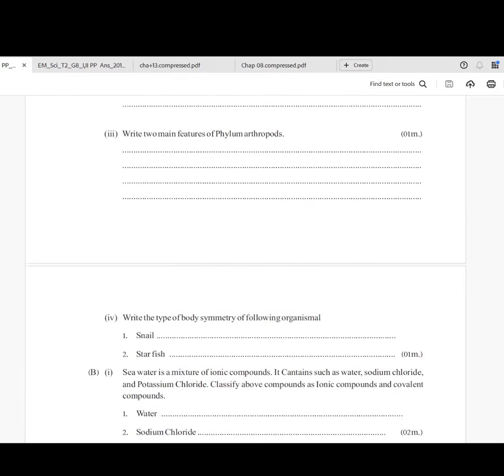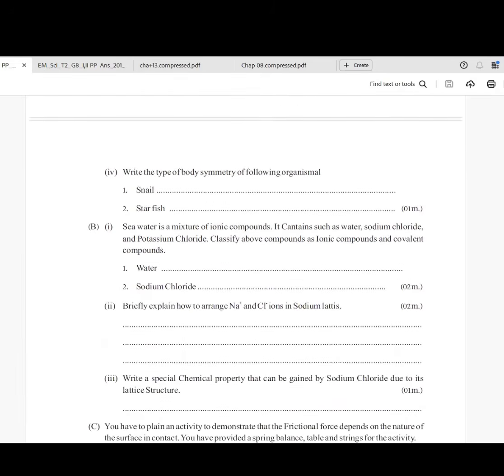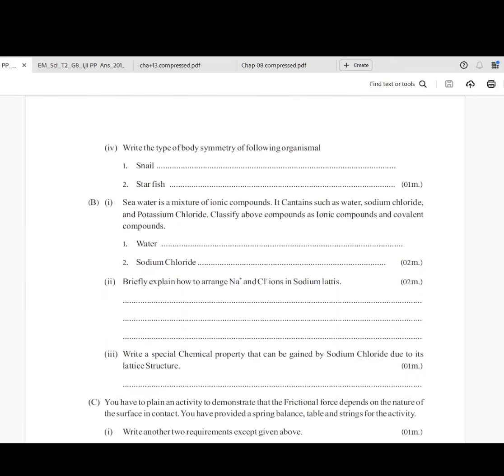Roman number 4. Write the type of body symmetry of the following organisms. Snail: bilateral, that means we can divide them into two similar parts.